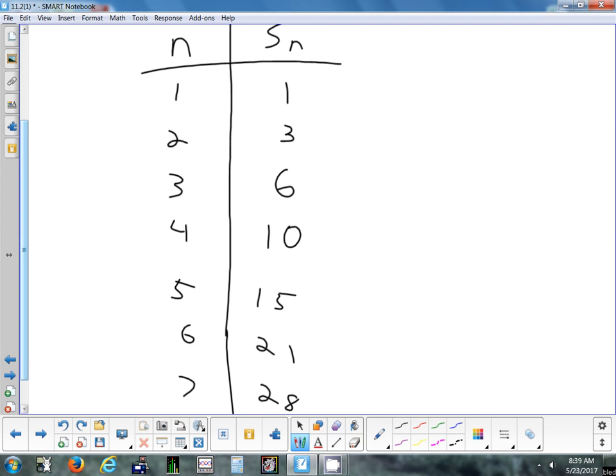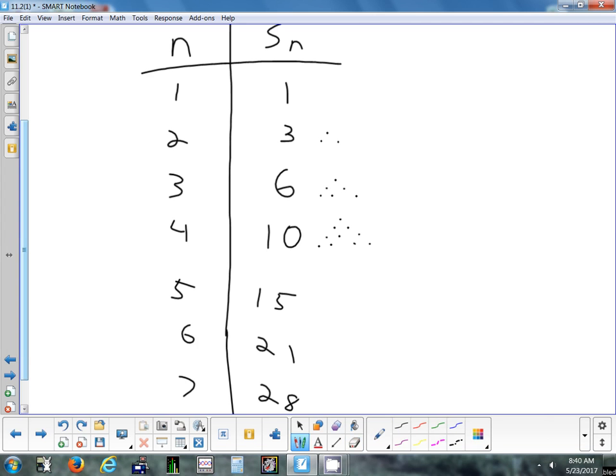Yeah, these are called triangular numbers. 1 is kind of an exception, but if you look at 3, there's 3. There's 6. There's 10. Because you can arrange that many dots in a triangular pattern, they're called triangular numbers. Okay? Nice fact, but it doesn't really help us to do what we want to do.